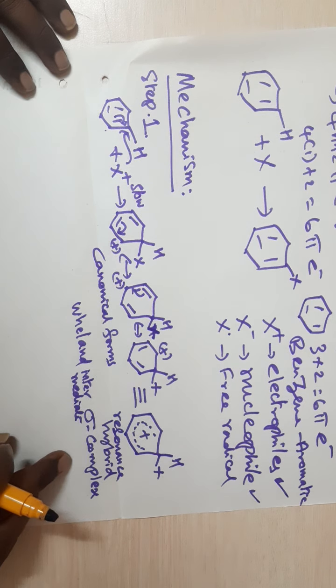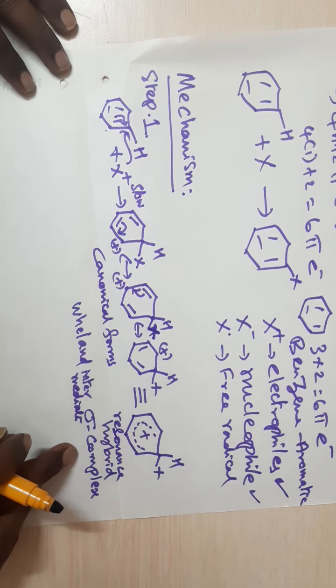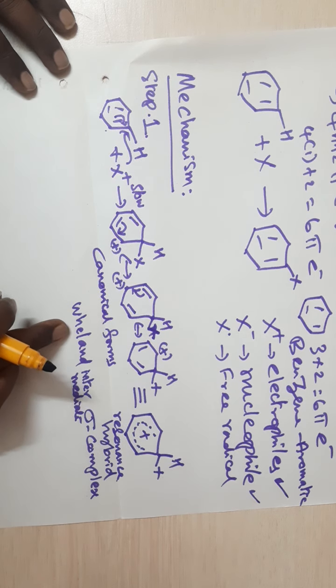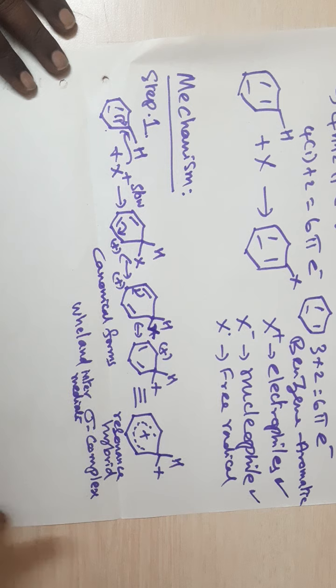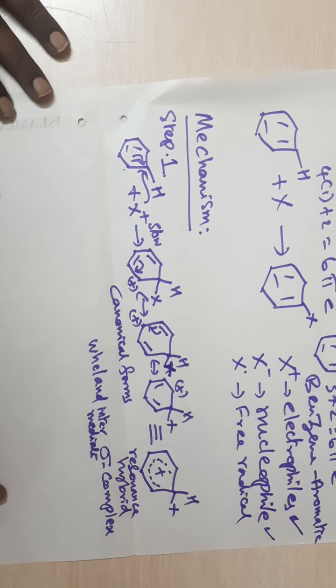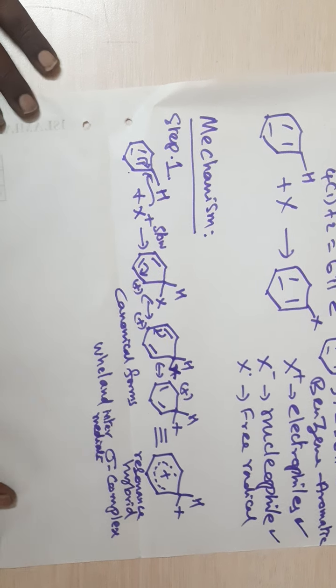So it is also called a sigma complex. The resonance hybrid is also called a sigma complex. It is also called valent intermediate. So this is step 1, which is a slow step.